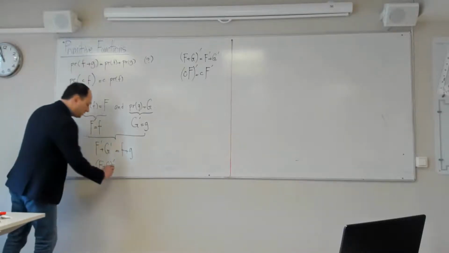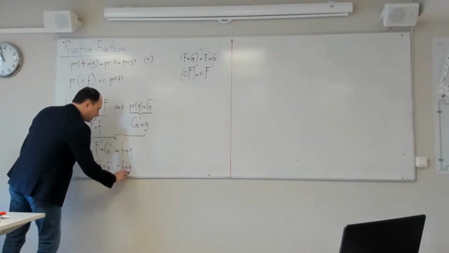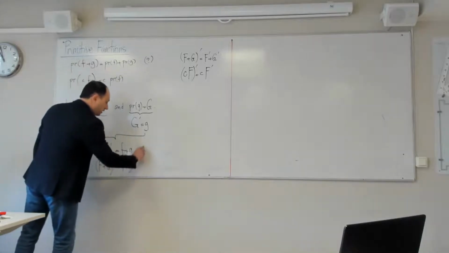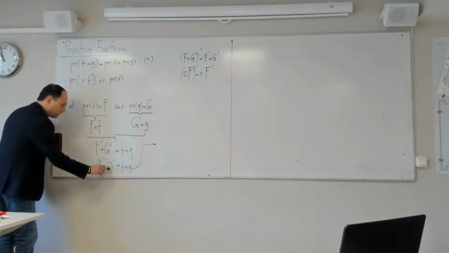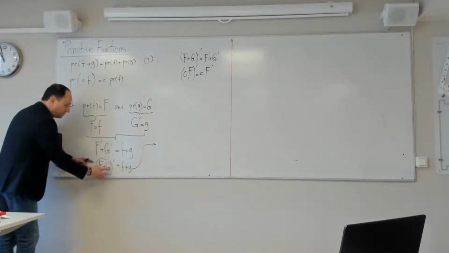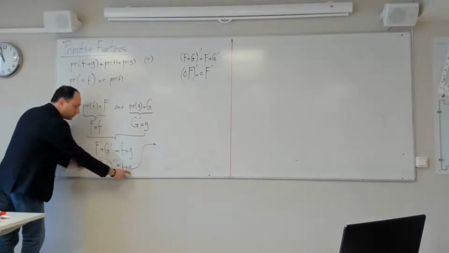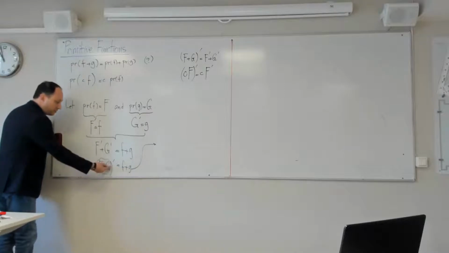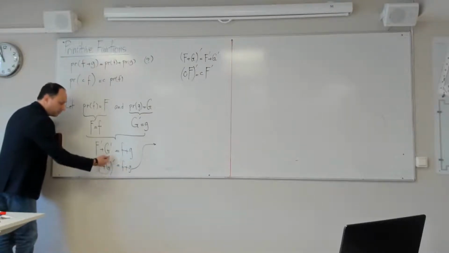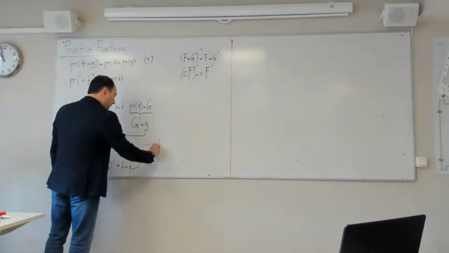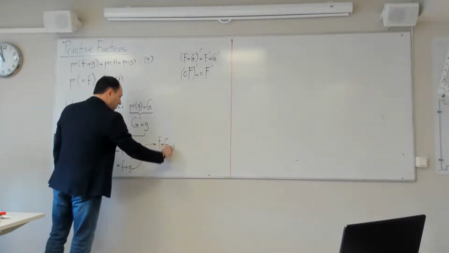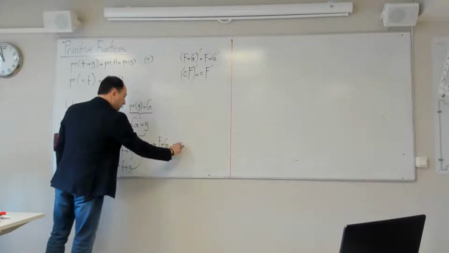And on the right-hand side, I have f plus g. Okay, what can I conclude from here? I have a function. When I take the derivative of that function, it becomes this function. So this means that this function is a primitive function for this function. So this means that F plus G is a primitive function for f plus g.